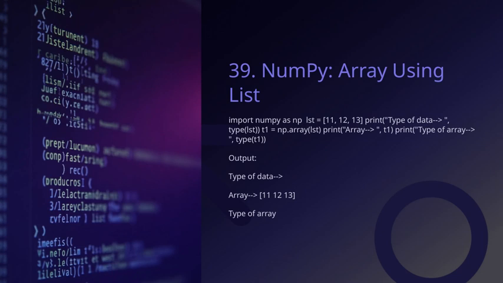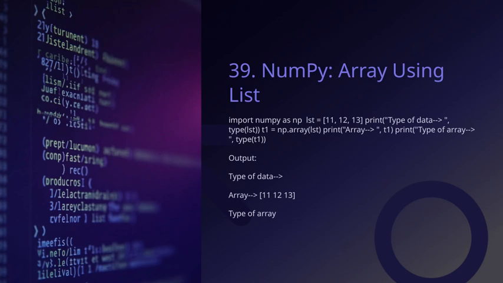The key point here is that lists are versatile but not as efficient for numerical operations as NumPy arrays. So to convert this list into a NumPy array, we use the np.array function, passing in our lst. This creates a new array object, which we store in t1. When we print t1, you'll notice the output shows the array elements in a different format, with spaces separating the numbers.